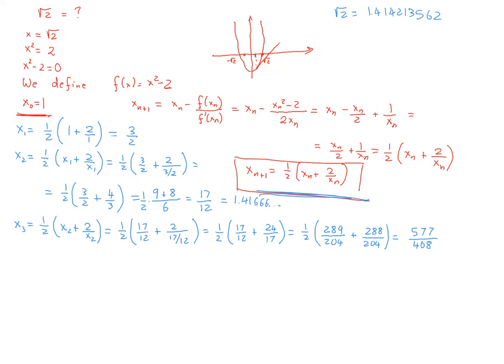And now we can see that the decimal that we get from this operation is 1.414215686, and it continues.